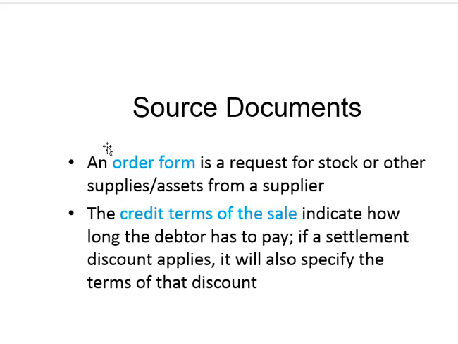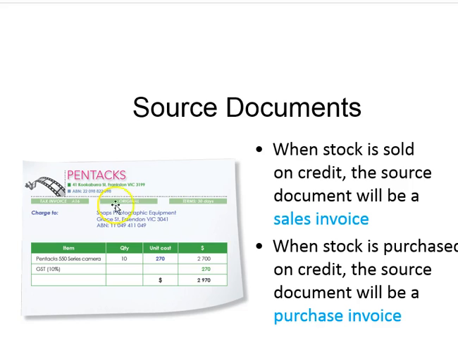So credit terms of the sale, if we go back to this invoice, if it's a cash invoice, then it will just have down here that there is $0 outstanding. If we've made the purchase on credit though, the amount will be outstanding, and quite often down around here it might say credit terms 30 days.